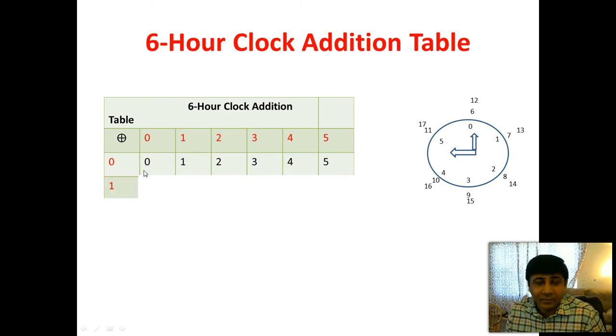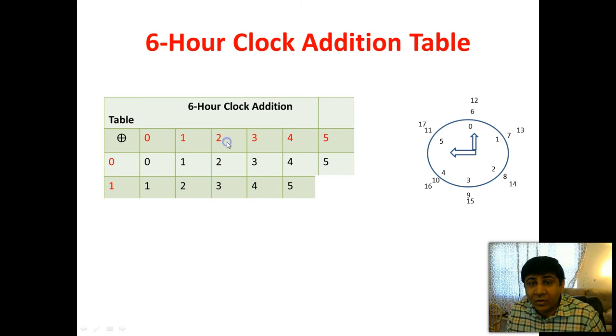Now let's look at 1 here. Suppose it's 0 o'clock right now, and what will be the time after 1 hour? We just add 1 to that, and that will be 1. If you add 1 to 1, that will be 2. Add 1 to 2, it will be 3. Add 1 to 3, it will be 4. Add 1 to 4, it will be 5. Still okay. Now pay attention here.